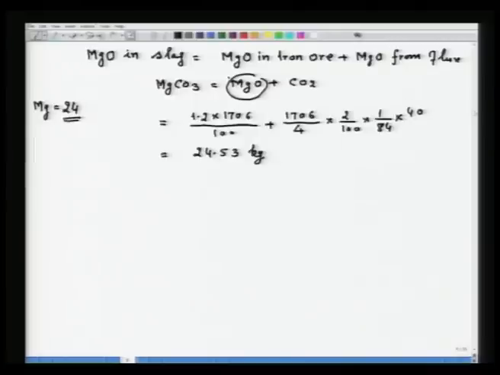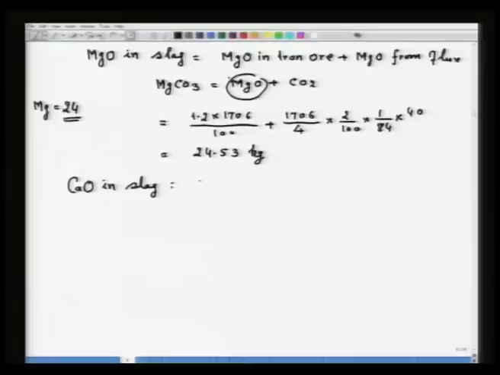Now we have to calculate calcium oxide in slag. It is very simple, the source is only calcium carbonate. If you calculate, it will come to 229 kg. Now, the problem also says 0.5% of iron is slagged off.